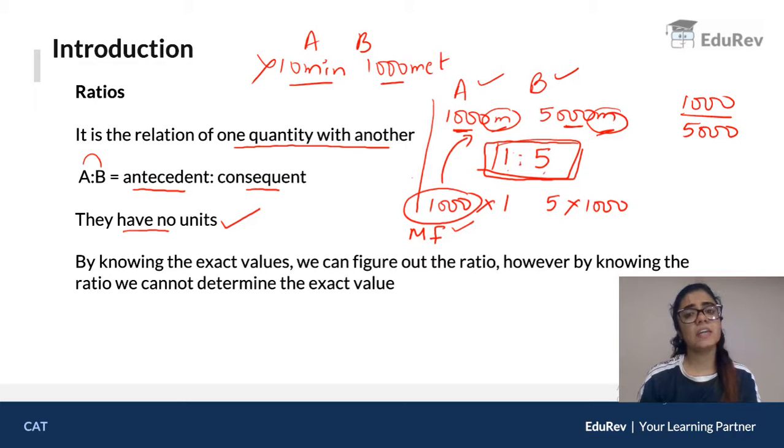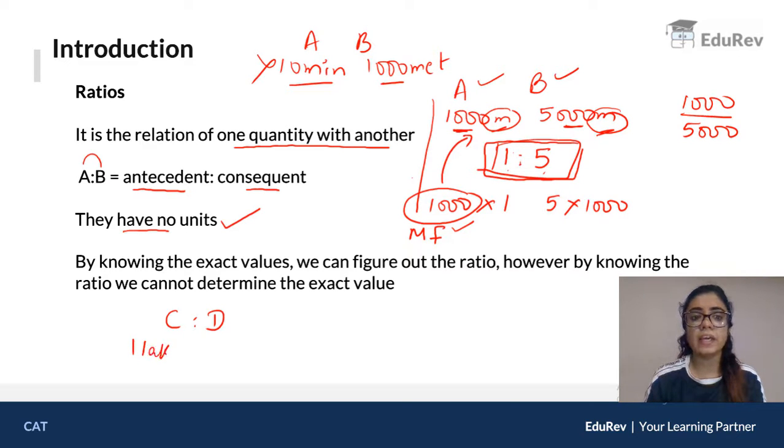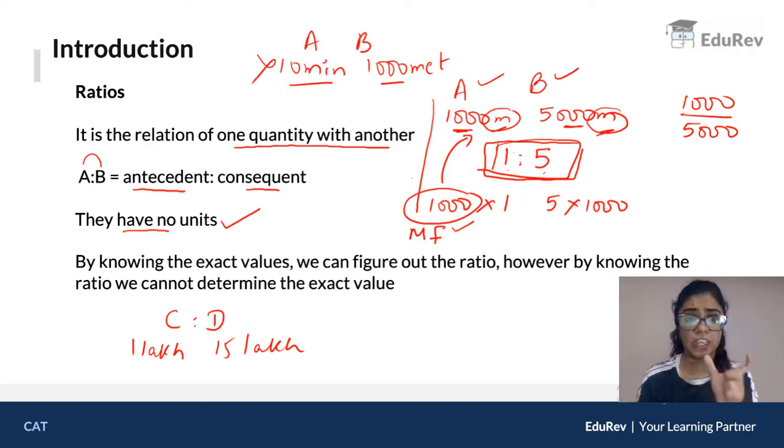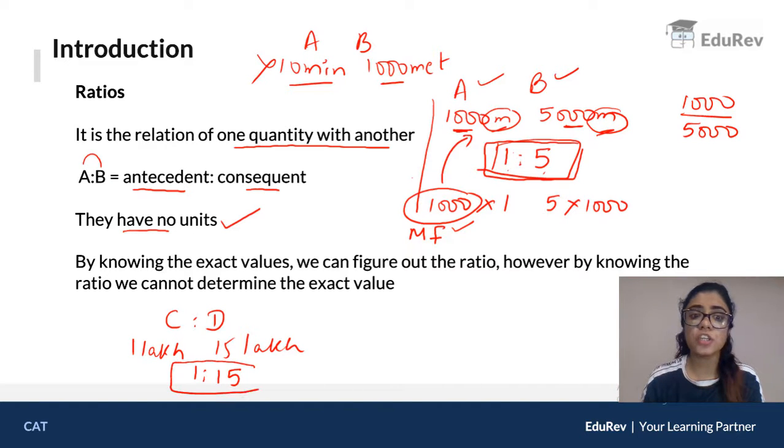ठीक है? Let's take one more example. Suppose I have two people, let's say C and D. ठीक है? C earns 1 lakh rupees and D earns let's say 15 lakh rupees. ठीक है? 1 lakh and 15 lakh. Unit is the same. So if I ask you what is the ratio of C and D, the ratio will be 1 is to 15. Correct? So this is just your ratio.